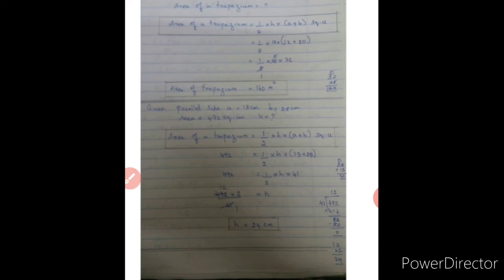In the second subdivision, we are going to find the height of the given trapezium. Parallel sides are given as 13 centimeter and 28 centimeter. Here in the sum they have given the area as 492 square centimeter. So under the area of trapezium, we substitute the values. 492 equal to half into height, we don't know, just write as h, and parallel sides they have given as 13 plus 28.